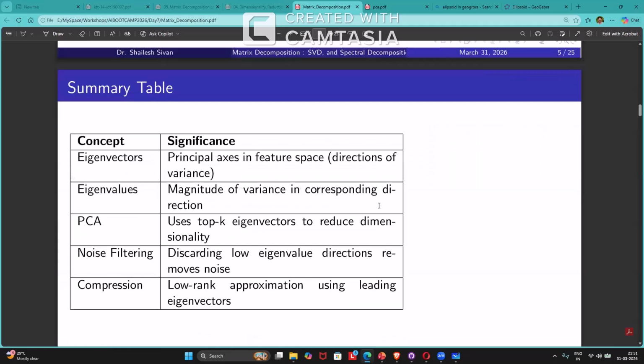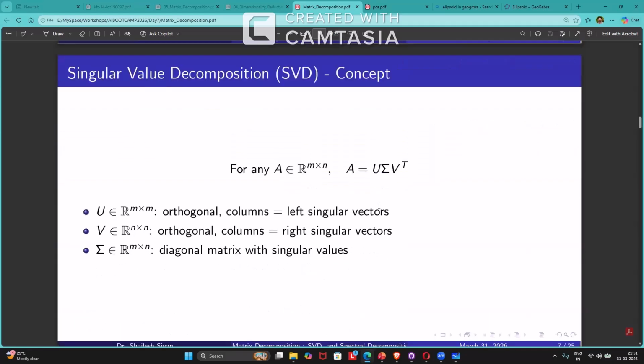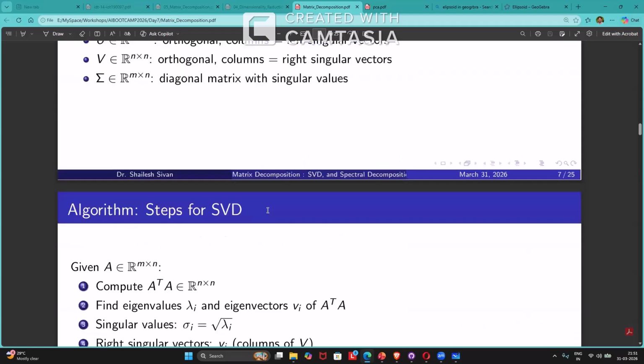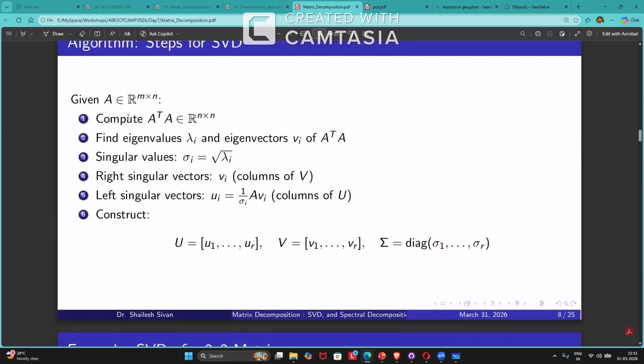So how we need to do this? This is the step we need to follow, the singular value decomposition. For that, these are the steps you can follow. There is no need of mugging up these things. First, you have a matrix A, compute A transpose A, which is actually the covariance matrix.